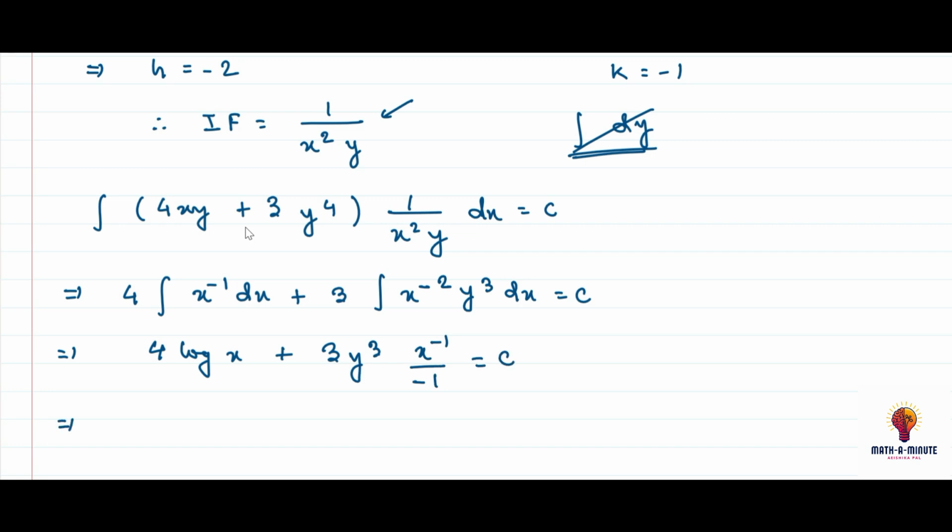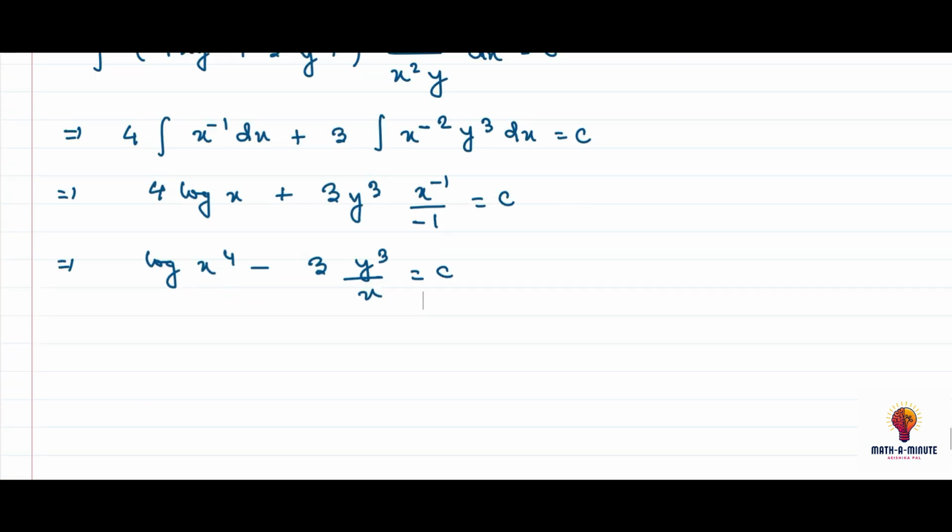So it will be log of x to the power 4 minus 3y cubed by x equals c. So this is our general solution. This is our required general solution.